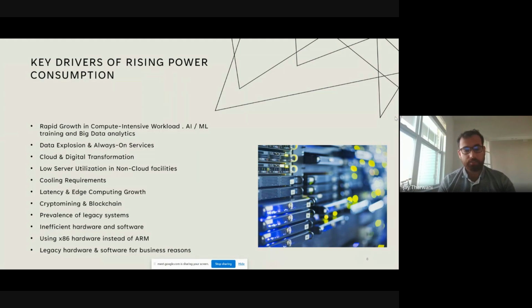Then you have x86. Typically, historically, most of the server markets, or even the cloud, run on a microarchitecture called x86, right? Now, x86 was pioneered by Intel.